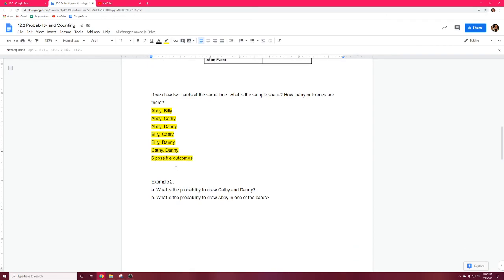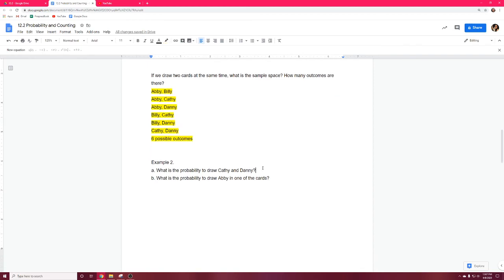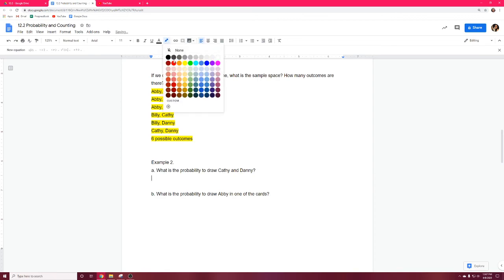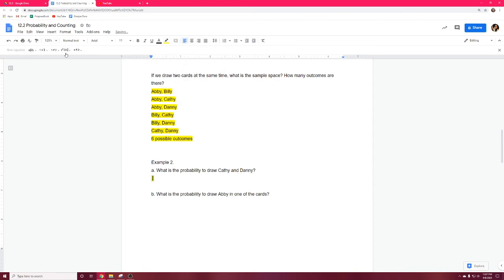Okay. All right, let's find our probability. So what is the probability to draw Kathy and Danny? So again, we need to find all the possible outcomes in the sample space. So we just did, it is 6. So on the bottom of the fraction will be 6.